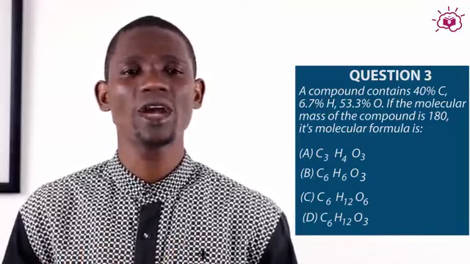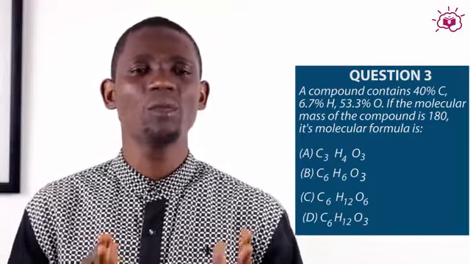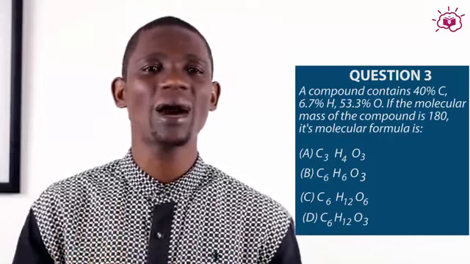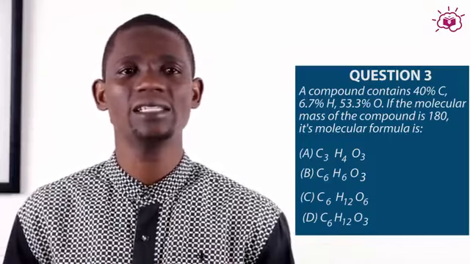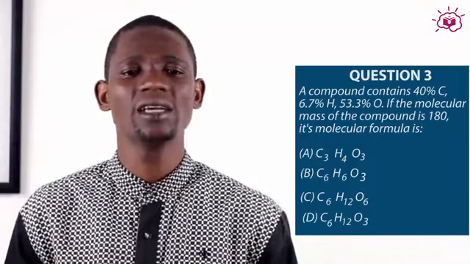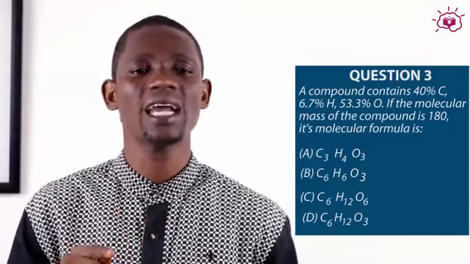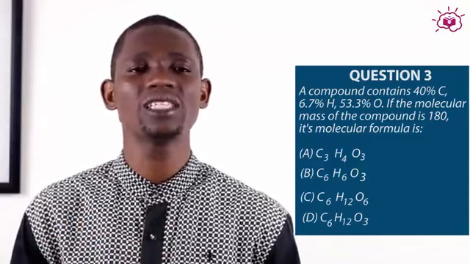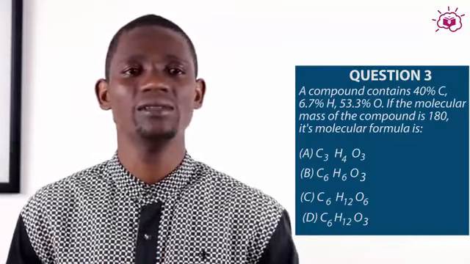And then we are given the molecular mass of this compound. We say that the molecular mass is given by the empirical mass multiplied by a molecular coefficient N, which is equal to 180. Hence, N(CH2O) is equal to 180. Adding the sum of relative atomic masses of CH2O gives us 30N is equal to 180.